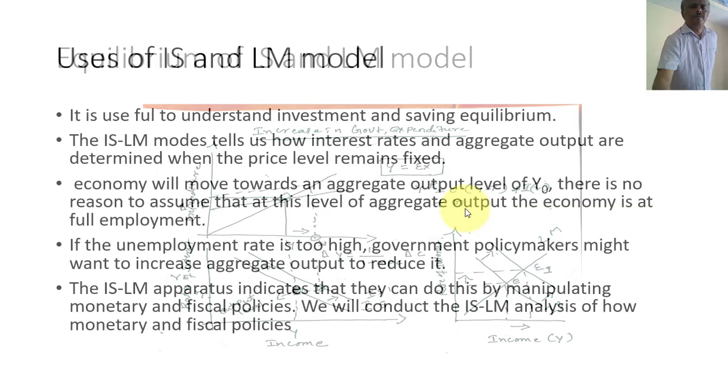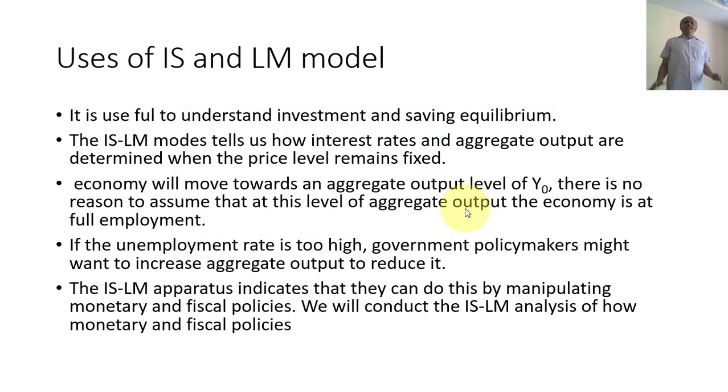Further, uses of the IS and LM model. It is useful to understand investment, savings, and equilibrium. The IS and LM model tells us how the rate of interest and aggregate output are determined.